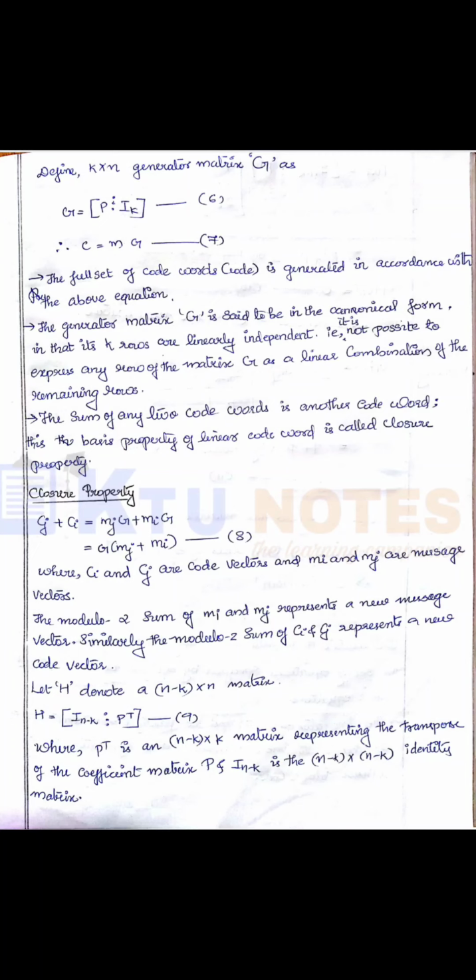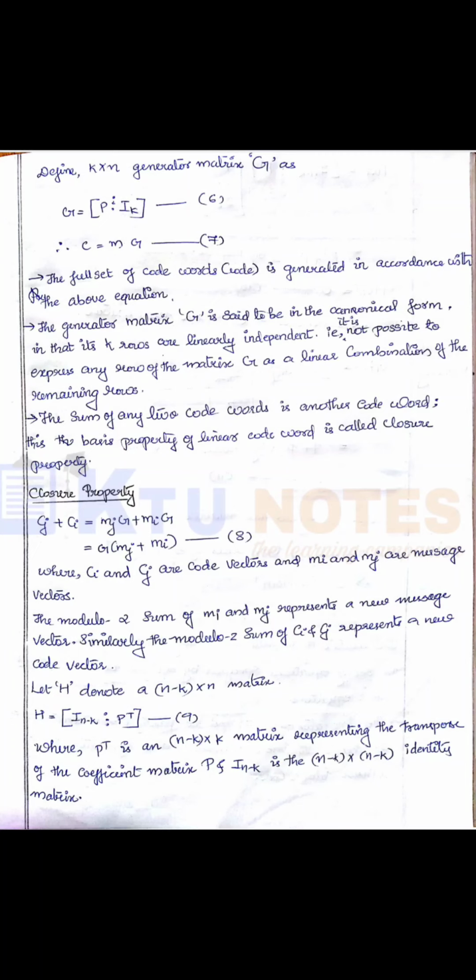That is, we take G outside, we get mi plus mj, times G. So Ci and Cj are code words and mi, mj are message vectors. So the modulo-2 sum of mi and mj, similarly the modulo-2 sum of Ci and Cj, represents the code vector. The modulo-2 sum of mi and mj represents the message vector.